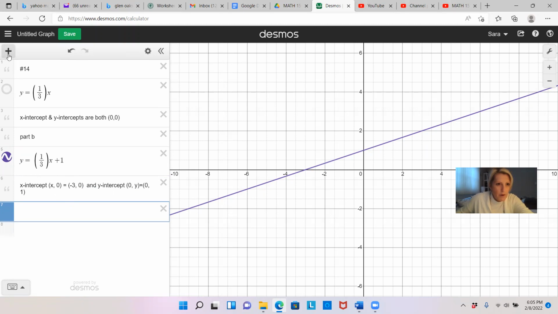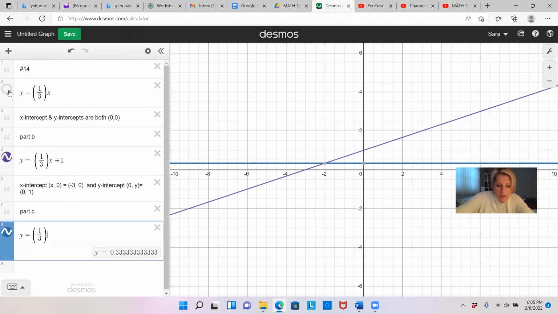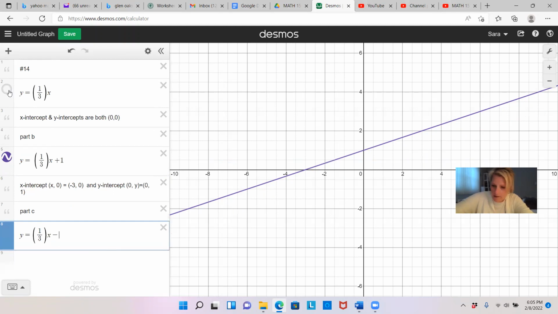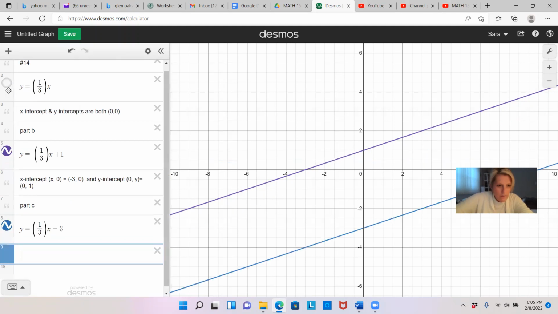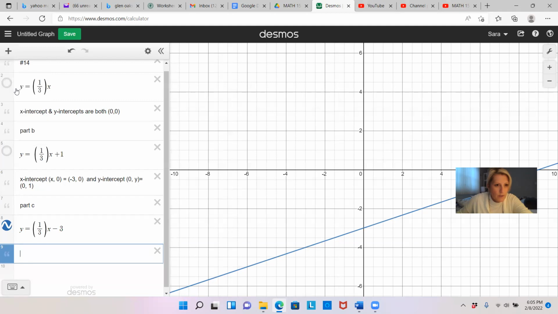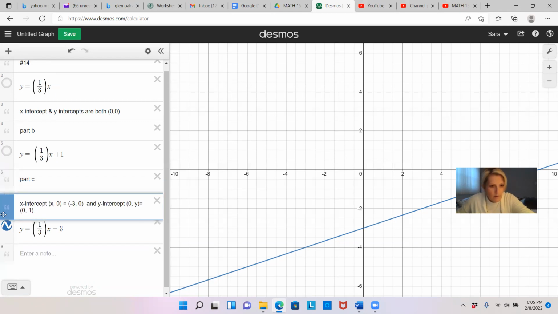Next up is going to be part C. So let's do this one: 1/3 x minus 3. Okay, so I'm going to turn off my other one. So there's my 1/3 x minus 3. And this time we need to find our x and y intercepts.